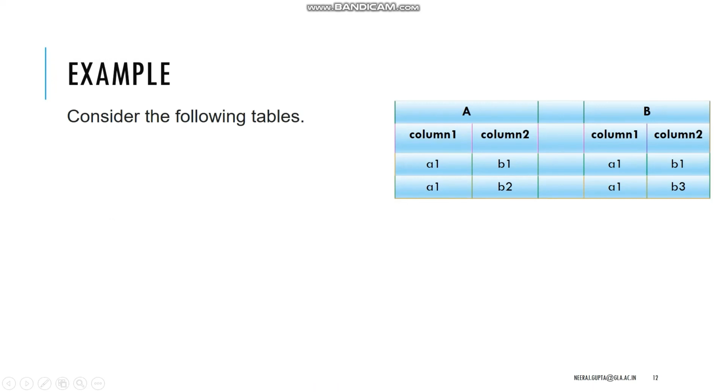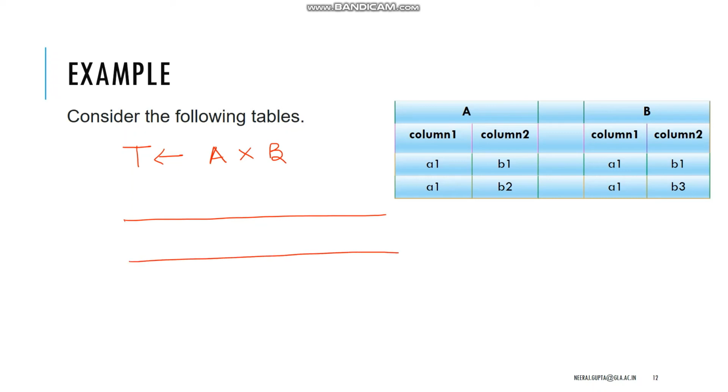So let us take an example. T is A cross B, that means Cartesian product. Cartesian is denoted this way. We have 4 columns now: column 1, column 2, column 1, column 2. These are of A, these are of B. The total number of columns in A is 2 plus the total number of columns in B is 2, that means the degree is 4.